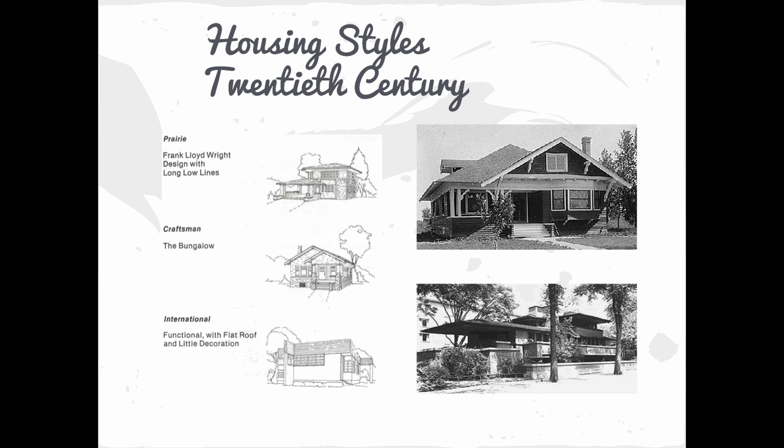Then we have the 20th century, which is more of the houses that you're going to see now. We have the prairie style, which is one of these. You see a lot of these around Franklin Park as well. The bungalow. And then we have the international, which has the flat roofs. This is more of your modern day type design.